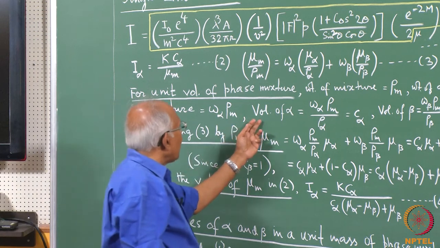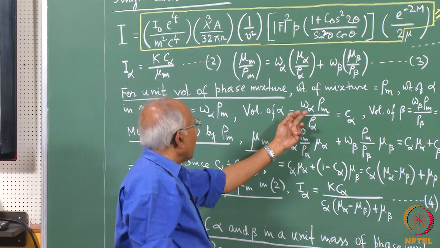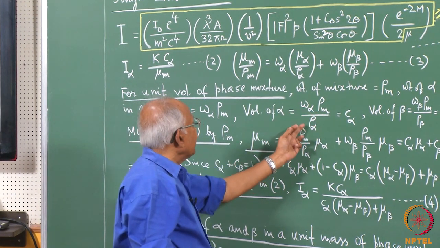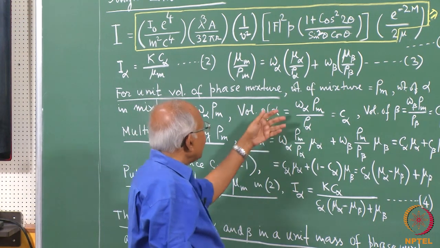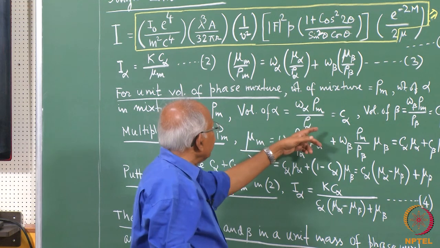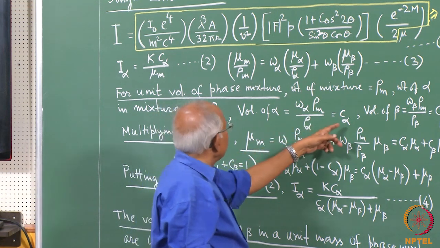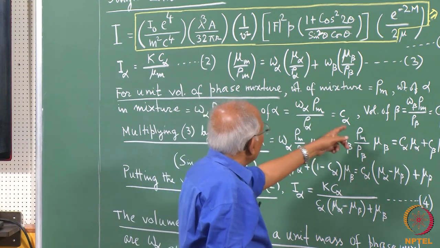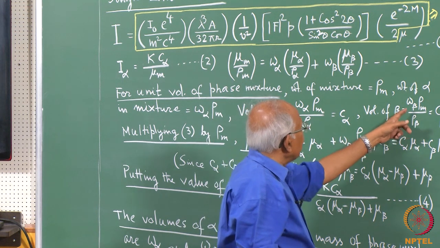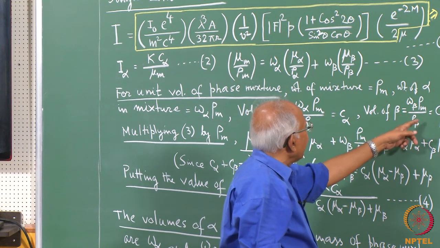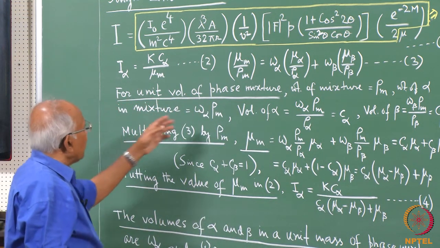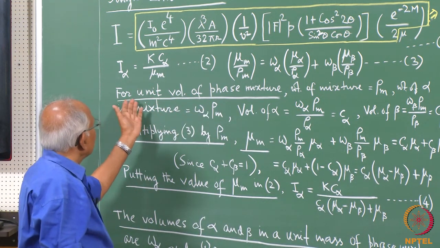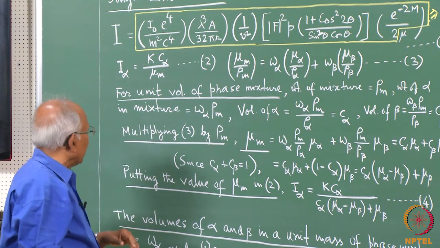Similarly, volume of alpha will be equal to W alpha rho m divided by the density of the alpha phase rho alpha, and we know that the volume can be simply written as C alpha, and volume of the beta phase will be W beta rho m by rho beta, and this can be written simply as C beta, because the whole thing we are talking about is for unit volume of the phase mixture.